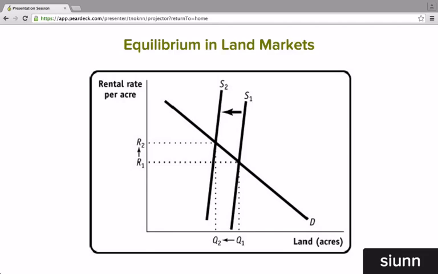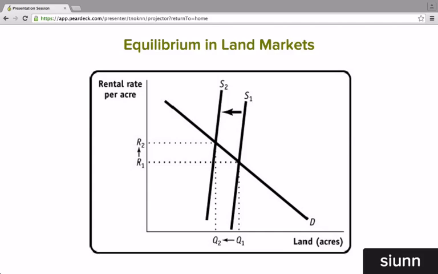In the same way the firm hires labor. If the return on the next unit of land or capital is greater than or equal to the marginal cost of employing that unit, then that unit is employed. If the marginal cost of employing that unit of land or capital is greater than the marginal revenue product of what it receives, then it will not be employed.